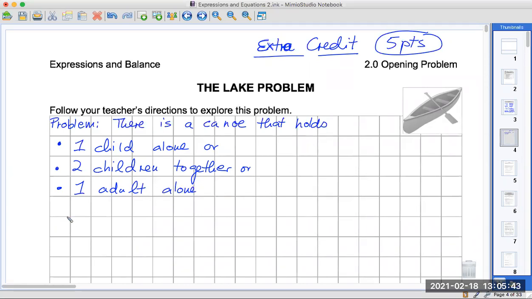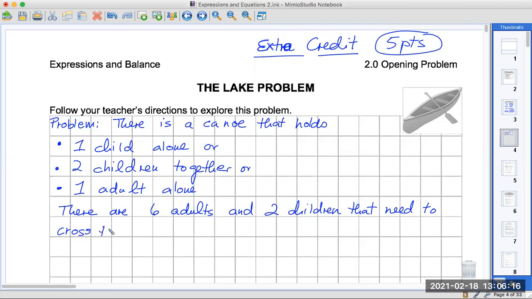And here's the problem. There are 6 adults and 2 children that need to cross the lake. They all have to row. They all can row. So going around the lake doesn't count. What is the least number of trips needed?